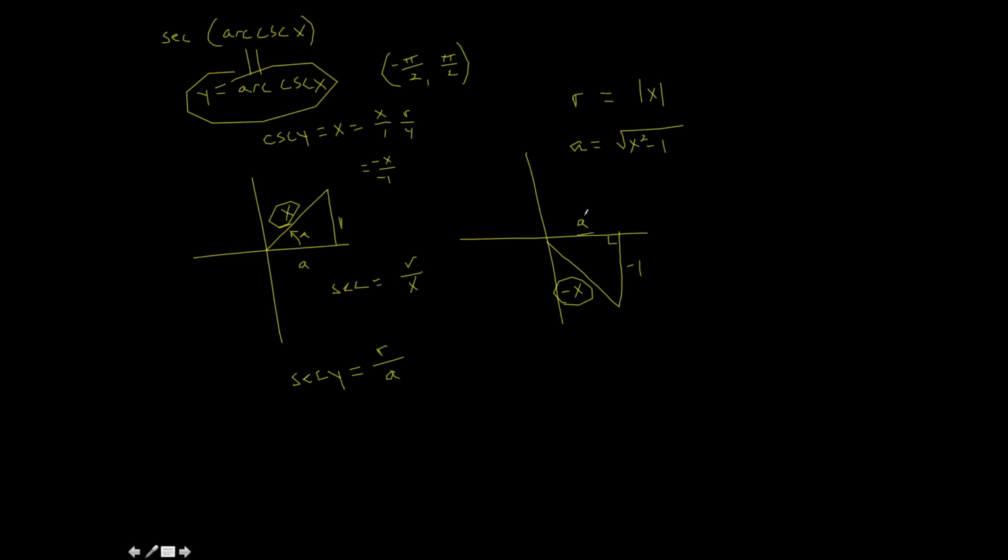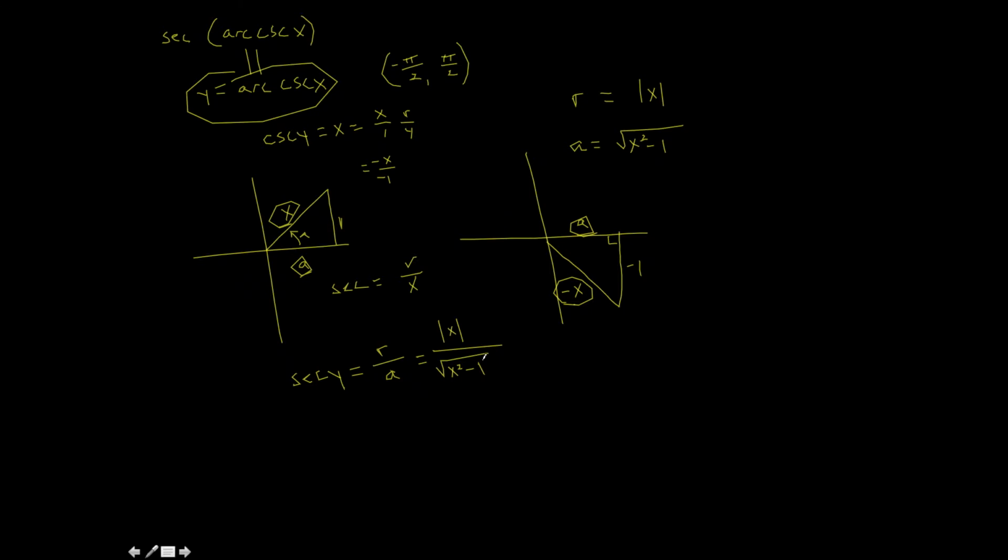A is our x value here. Okay? A is our x value in both of these. So in order to accommodate both of these so that we don't have to write two separate answers here, we're going to use the absolute value of x for r, because that takes both x and negative x into consideration, and a is the same for both of them. So we have the square root of x squared minus 1.